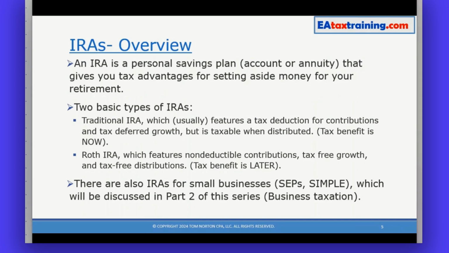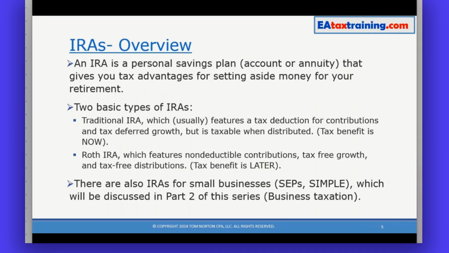With a Roth IRA, you do not get a tax deduction now when you put the money in. However, when the money comes out, you also don't have to pay taxes on it. So with a traditional IRA, you get your tax benefit now, and with a Roth IRA, you get your tax benefit later. That's the easy way to think about them.